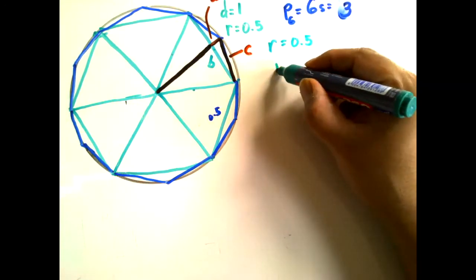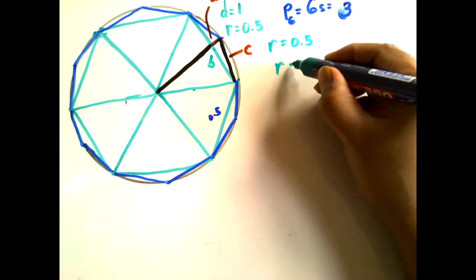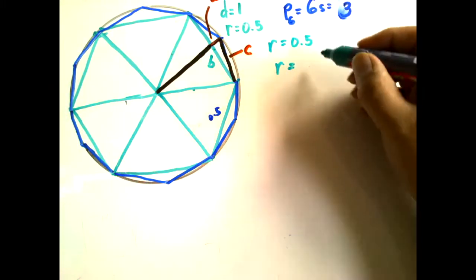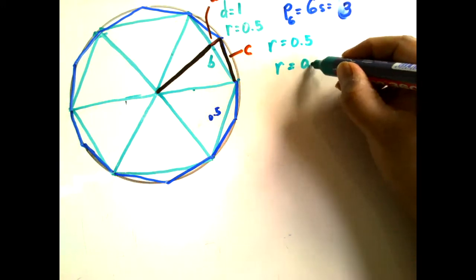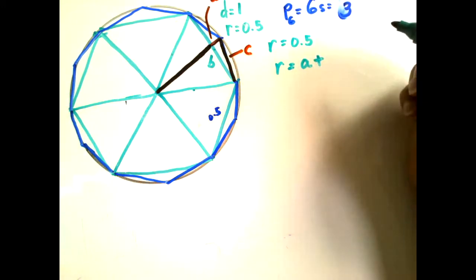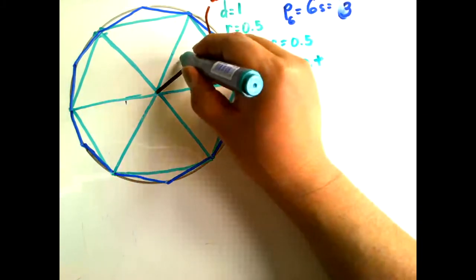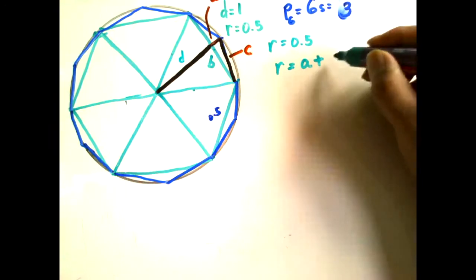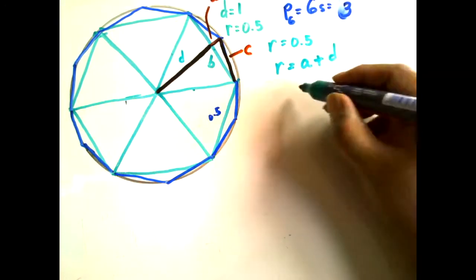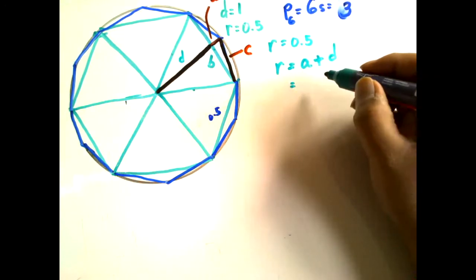And the radius is essentially line A plus the black line. What do we call this black line? Oh, wait, maybe we call this line D. Yes, plus D. So we can solve for A.